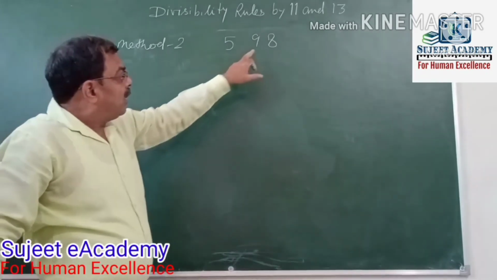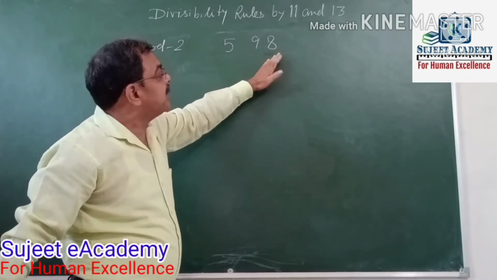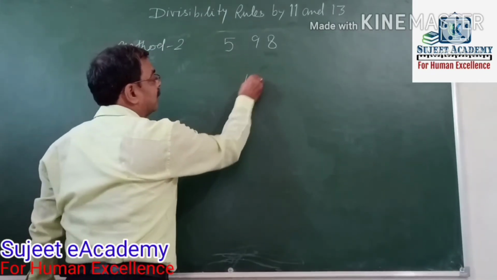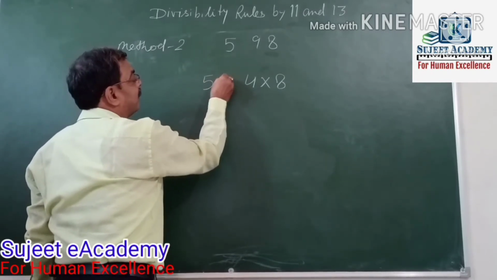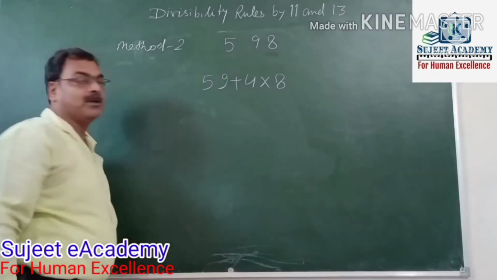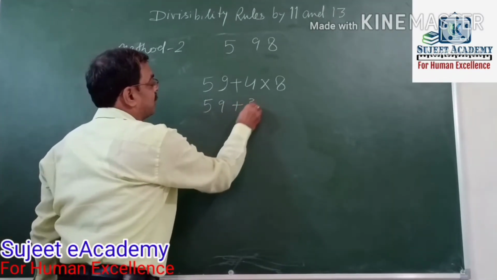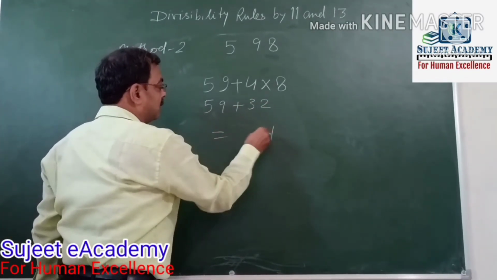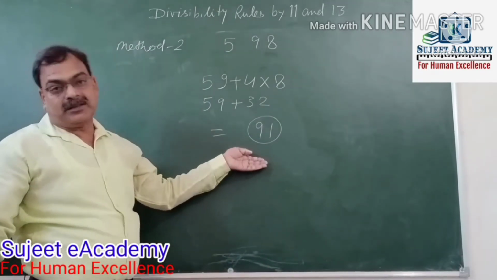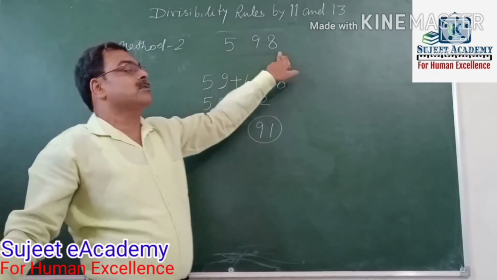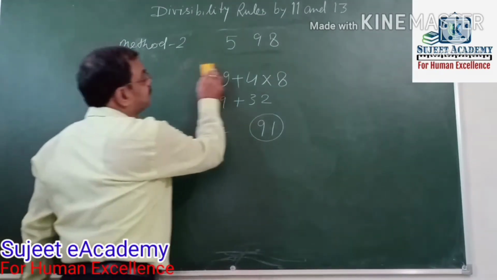For this, you select the unit place value and multiply it by 4, and sum it with the remaining part of the number. This one is 59 plus 32. This one is 91. 91 is divisible by 13. It means this number is also divisible by 13. This is the second method.